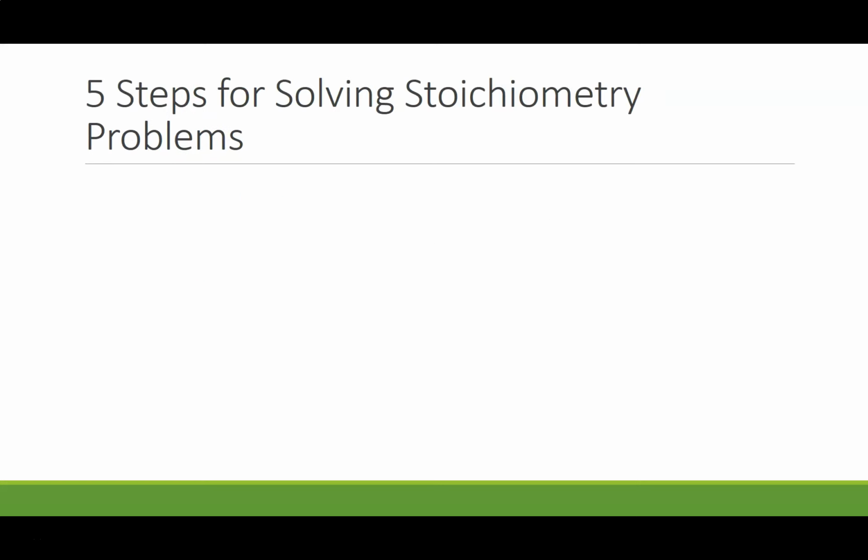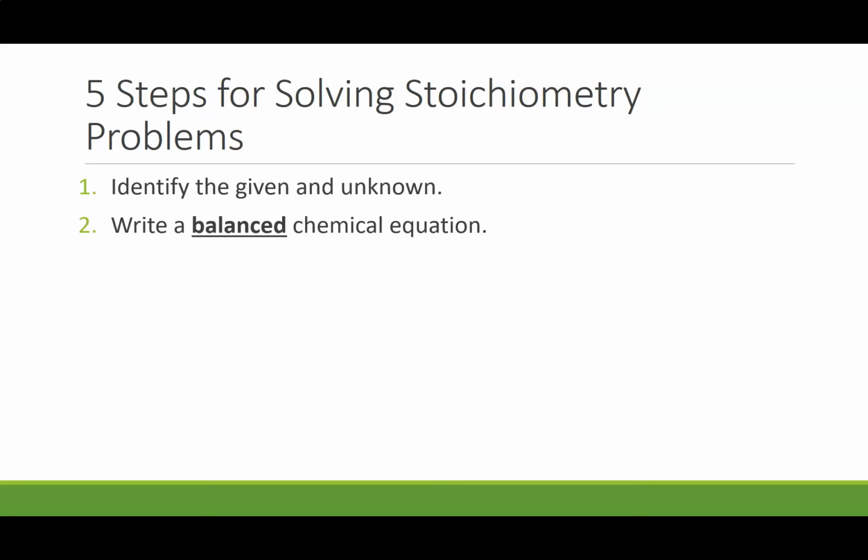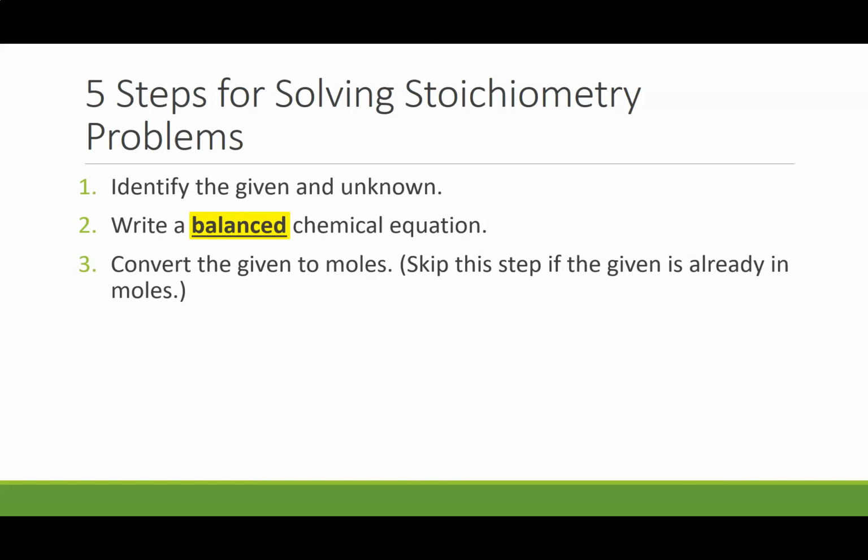Now that we know what mole ratios are, we can start solving stoichiometry problems. There are 5 steps that I want you to follow. First, identify the given and the unknown. Next, write a balanced chemical equation. Third, convert the given to moles.